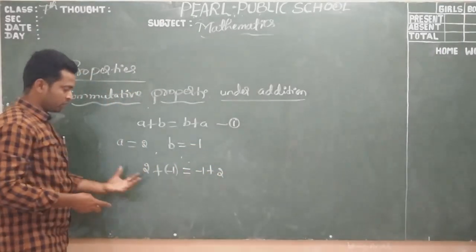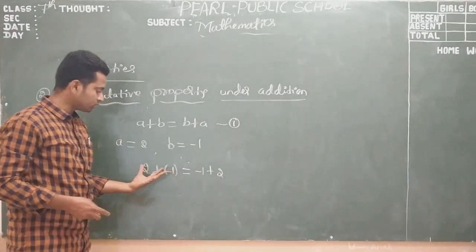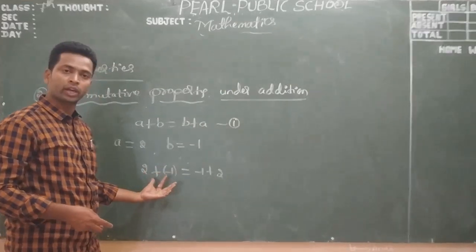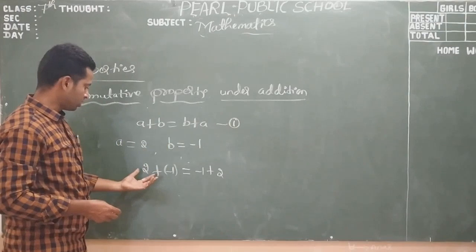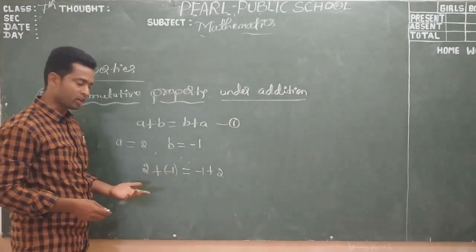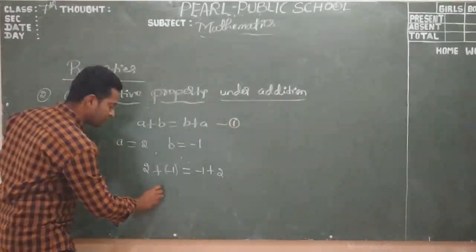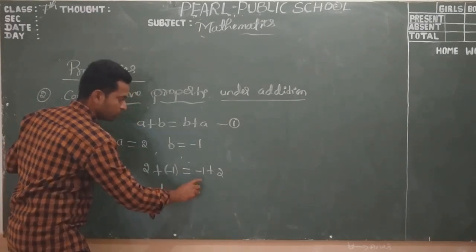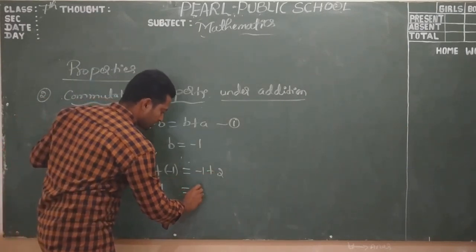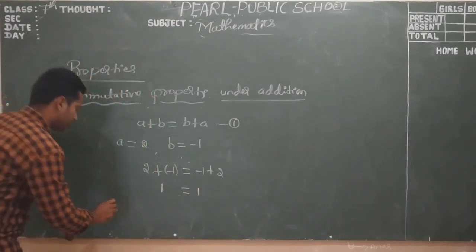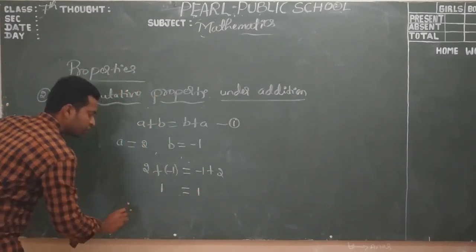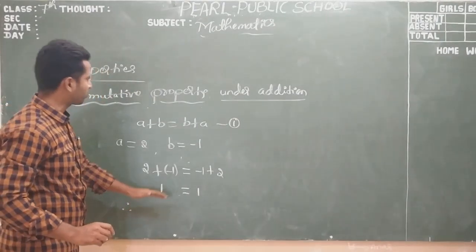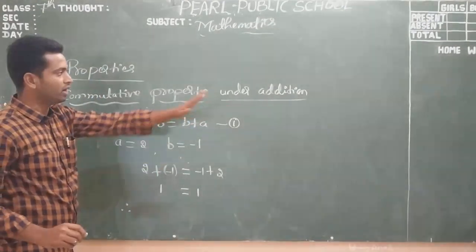If we have different or unlike integers, we take their difference, so 2 minus 1 is 1 and we place the bigger sign, that is plus 1. So 1 equals 1. Similarly, 2 minus 1 is 1. So the commutative property holds good under addition.